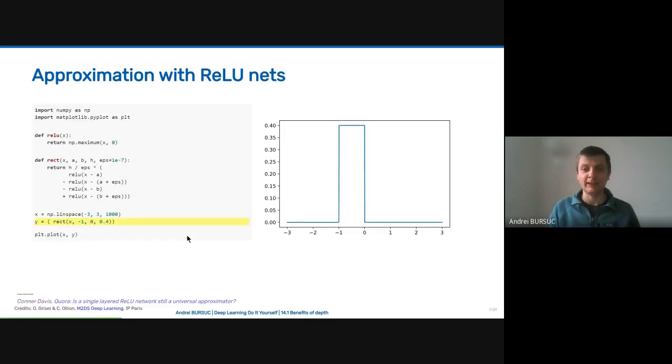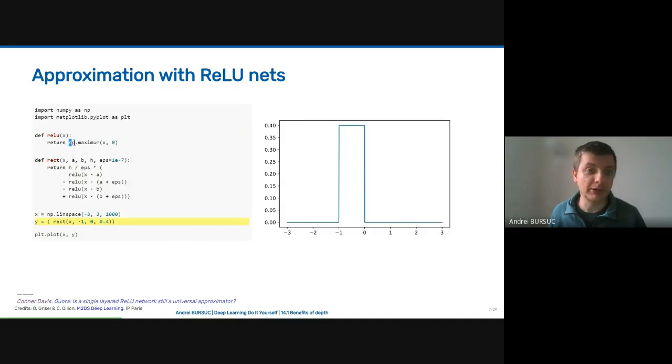So going a bit more to the hand-wavy part now, just to spare you the dry maths. Here we can see how we can actually approximate different functions with ReLU nets, right? This is NumPy code inspired by this Quora post and by the slides of Olivier Grisel and Charles Ollion.